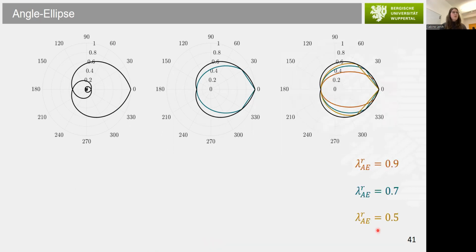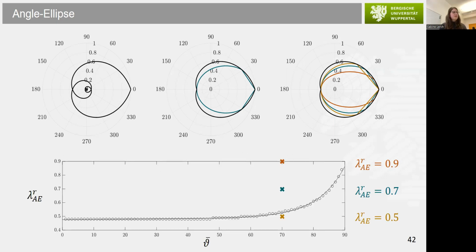For example, 0.9, 0.7, and 0.5. So we have 3 different angle ellipses here, and the question is which one is the best. And if there's much less or more damping, so the cardioid is different, then another intersection point could be wise. So we made an analysis by the difference of the areas of the cardioid and the angle ellipse, and then this trend line follows for the minimum difference of the areas.